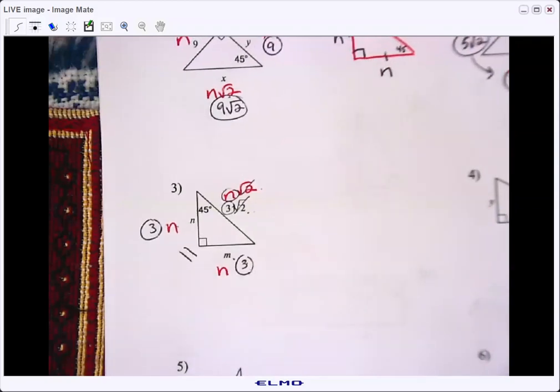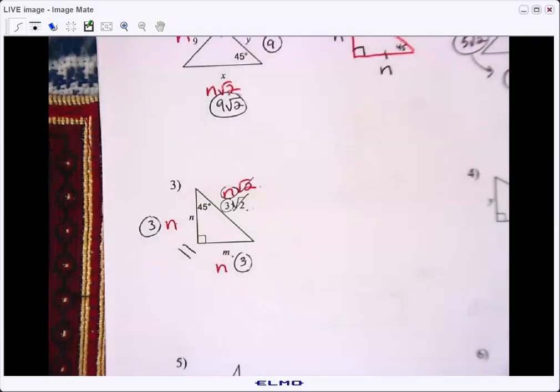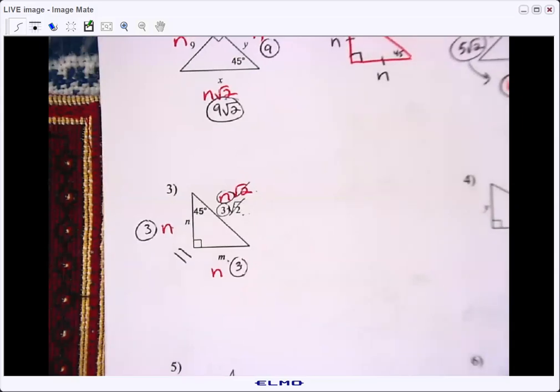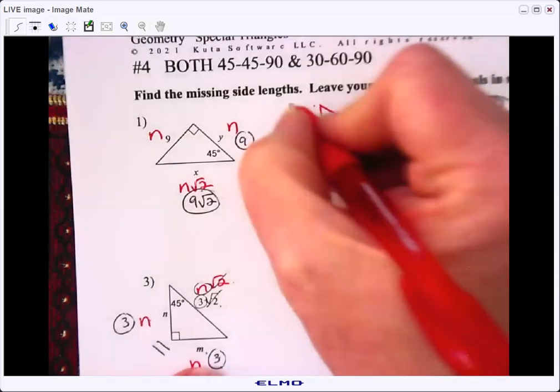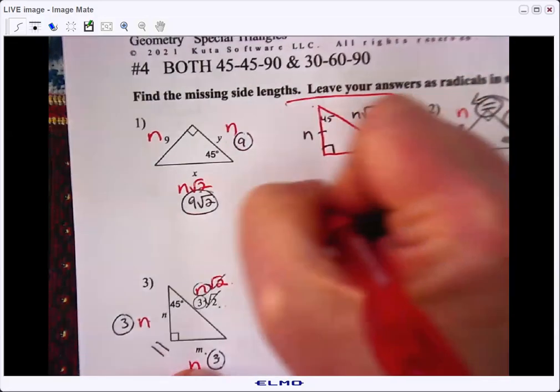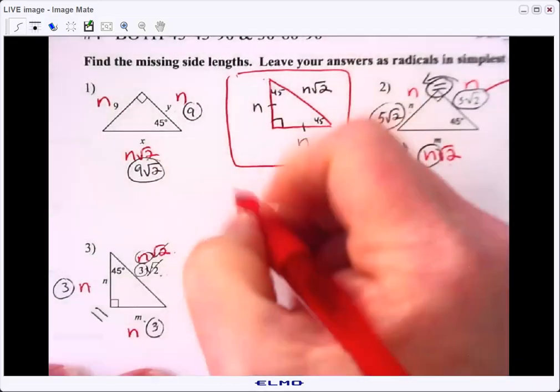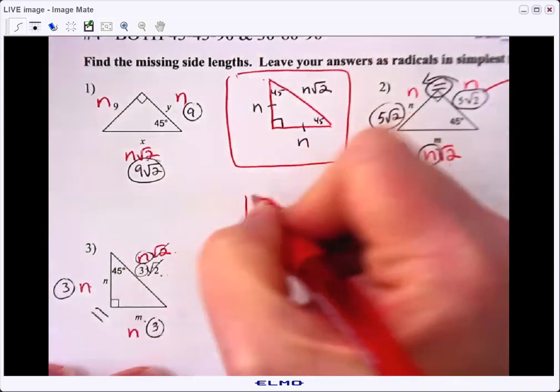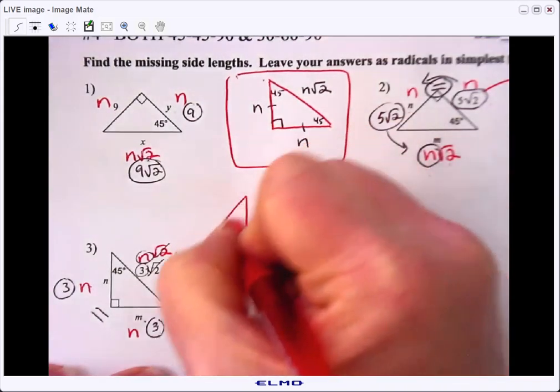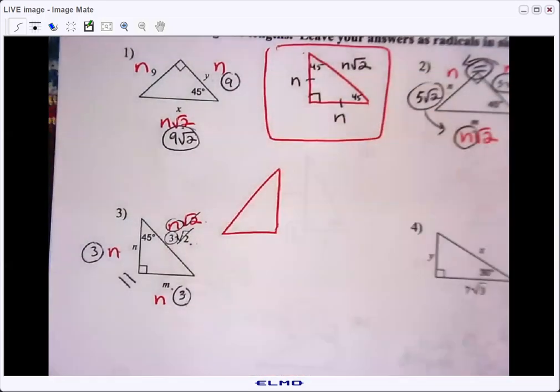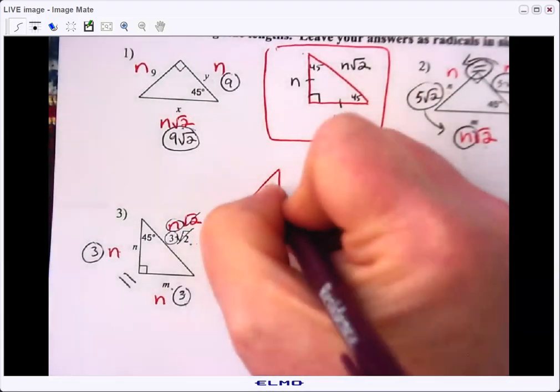So we're going to draw that on our paper as well. Let's draw it here. I'm going to put a big box around that one. And let's put a box around this one.